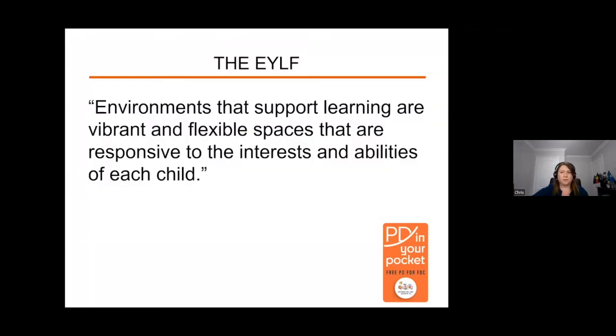Now we're going to have a look at the Early Years Learning Framework. This tells us that environments that support learning are vibrant and flexible spaces that are responsive to the interests and abilities of each child. This statement is really important and really powerful. If your space is boring and dull with not many things there to invite you to come and play, then how can we expect children to learn to the best of their ability?